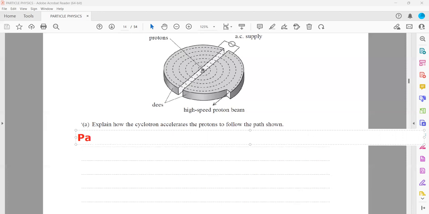But in the journal answer, you'll mention the particle is accelerated by an electric field between the D's.